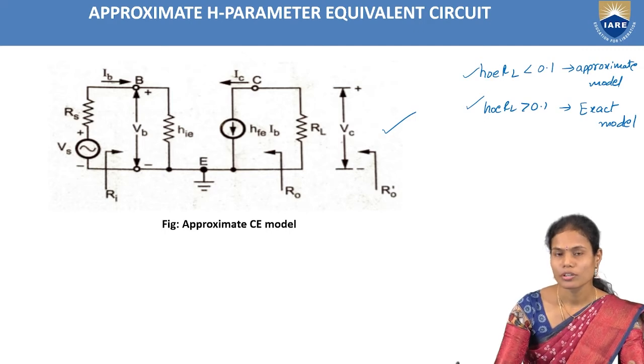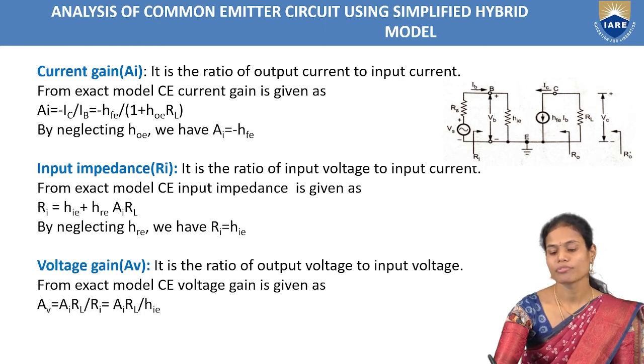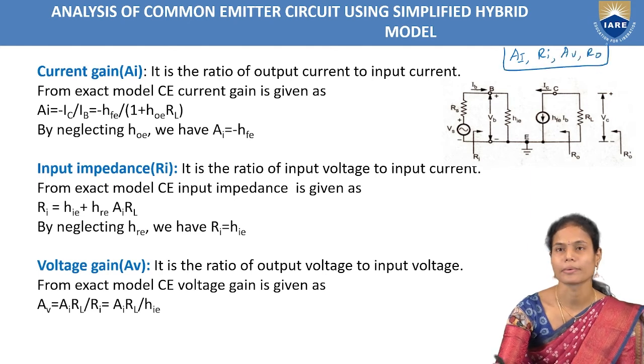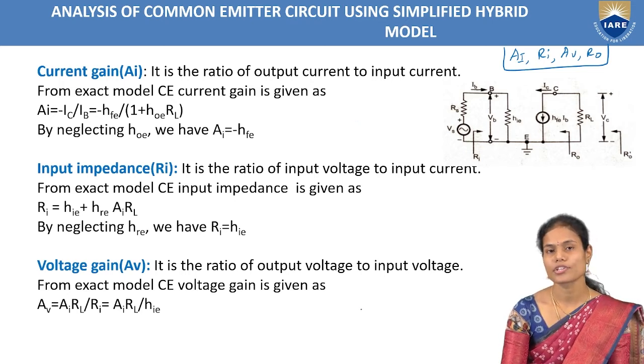So now we are going to see the analysis of the approximate hybrid equivalent circuit of the common emitter amplifier. So here we need to find the four parameters: current gain, input impedance, voltage gain, as well as output impedance. So here current gain is nothing but the ratio of output current to the input current.